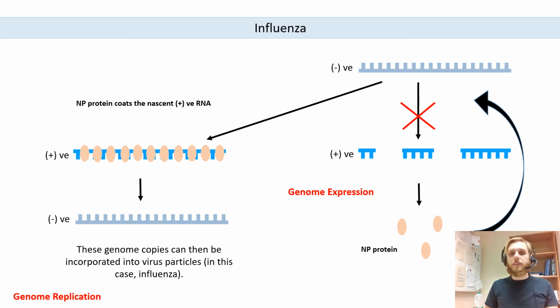So influenza has a negative sense RNA genome, so the final product of genome replication has to also be composed of negative sense RNA. This means that the positive sense RNA genome copy that was produced, that is coated by NP protein, and that is a full-length copy of the genome, must be used to produce a negative sense RNA copy that is also full-length, and that is now a true copy of the original genome because it's in the same form.